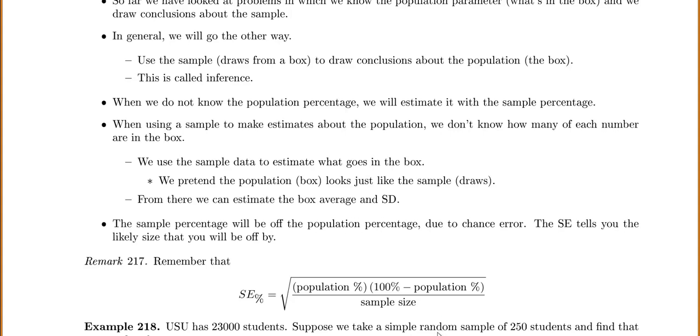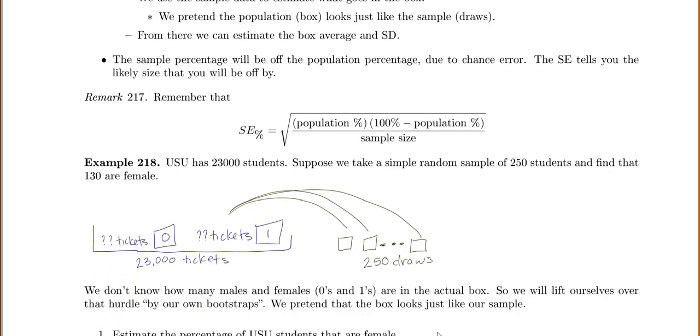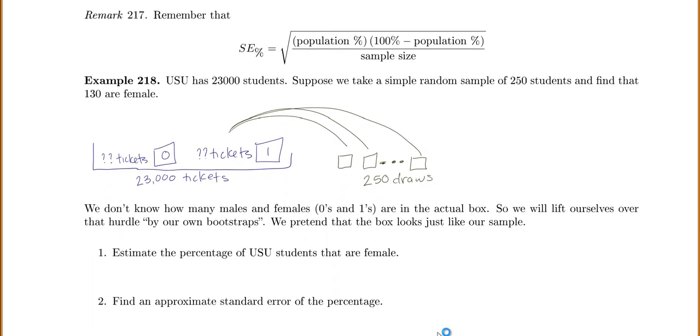So how does this come into play now? In this example, USU has 23,000 students. Suppose we take a simple random sample of 250 students and find that 130 of them are female.